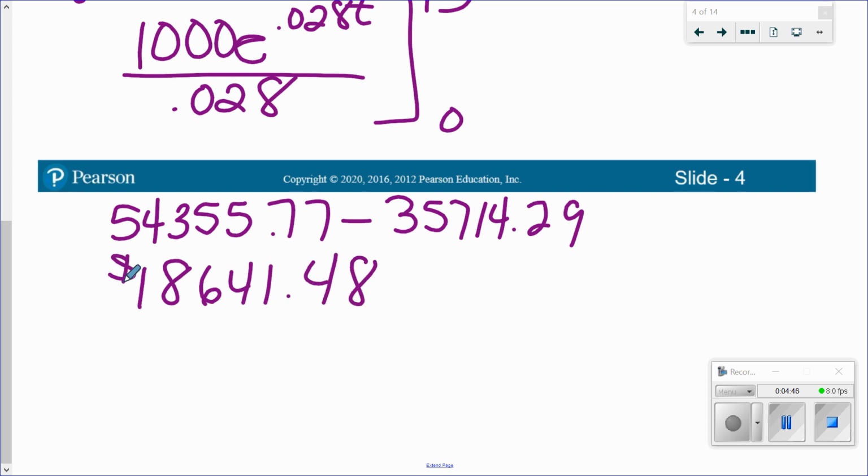So if we deposit $1,000 every year for 15 years, and it grows at an interest rate of 2.8%, after 15 years this is the amount that we will have in the bank. So this takes into account that the money that we put in the first year, that first $1,000, is obviously going to earn more interest because it's in there for longer than the next $1,000 or the last $1,000.